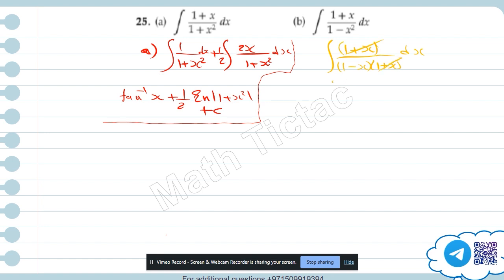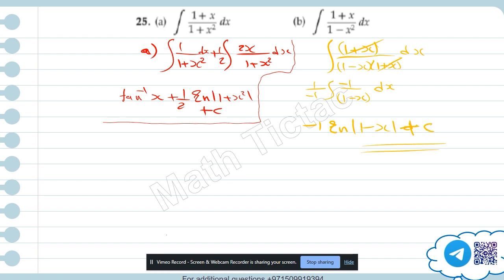That will leave me with 1 over 1 minus x dx. The derivative of the denominator is equal to minus 1. I have 1, so I'll multiply by minus 1 and divide by minus 1. Now the derivative of the denominator we can find in the numerator. So this is minus 1 len absolute value of 1 minus x, plus c.